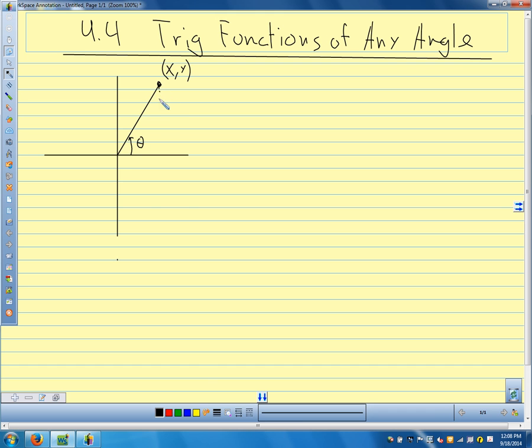And I'm going to project this down to make a nice little right triangle. And so this side of the triangle is x, and that side of the triangle is y. We can use the Pythagorean theorem to find the length of the hypotenuse. This would be the square root of x squared plus y squared.